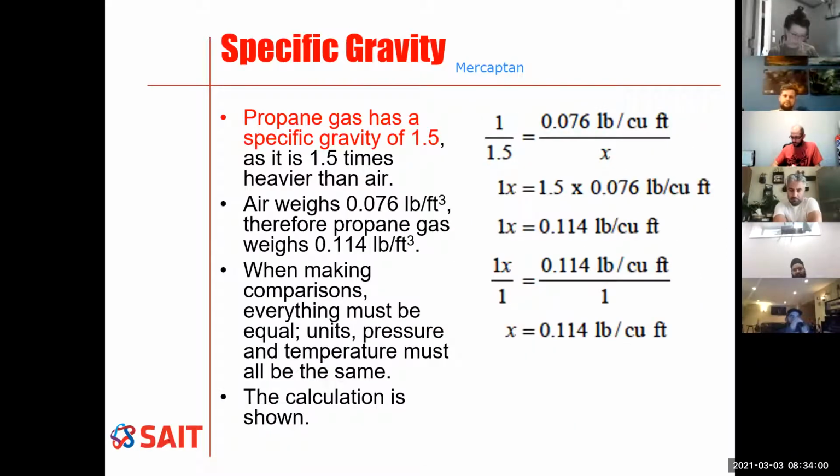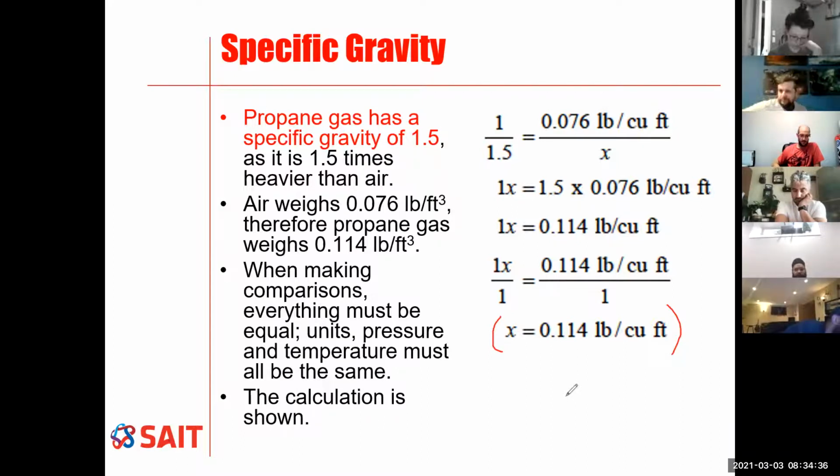And then we get to propane gas, which has a specific gravity of 1.5. So it's 1.5 times heavier than air. Air weighs 0.076 pounds per cubic foot. So we made the assumption of what one cubic foot of propane gas weighs, and it comes out to 0.144 pounds per cubic foot.